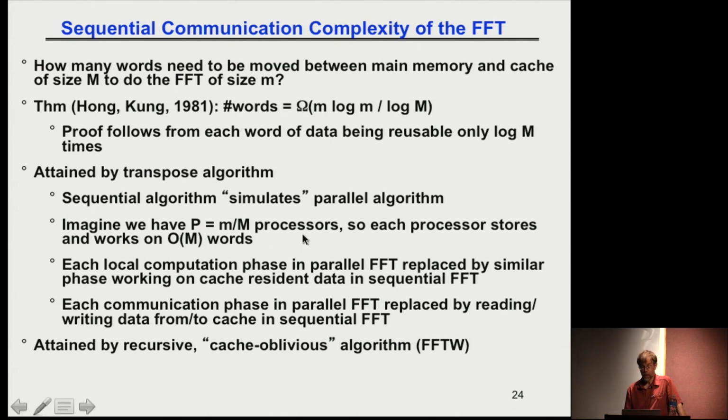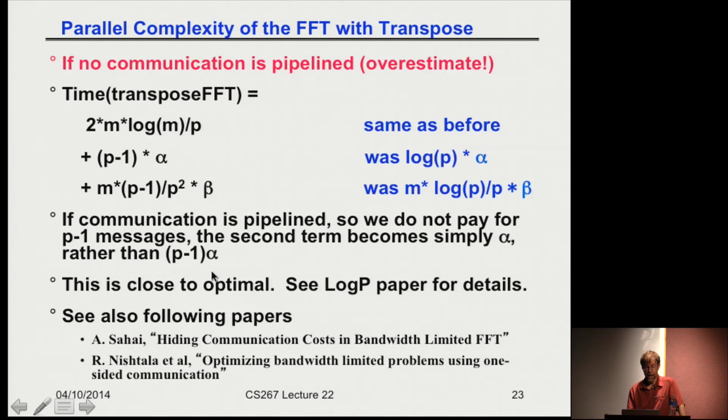So here is the idea. My sequential algorithm is going to pretend that it's going to emulate a parallel machine with this many processors, so that each processor stores and works on that many words. That's what the sequential processor has in its cache, capital M. So what the sequential processor is going to do is run this algorithm.